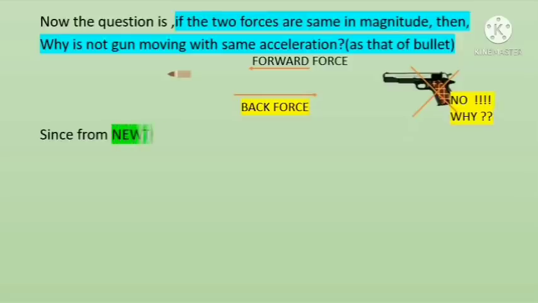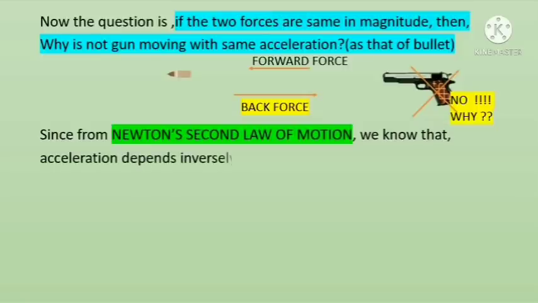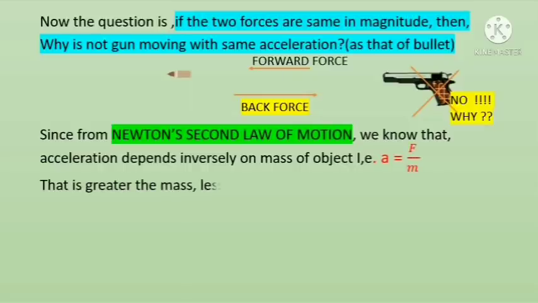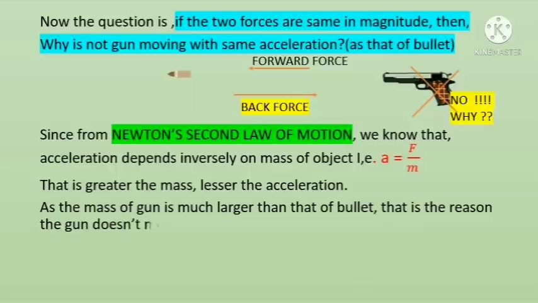Since from Newton's second law of motion, we know that acceleration depends inversely on mass of object. That is, greater the mass, lesser the acceleration. As the mass of gun is much larger than that of a bullet, that is the reason the gun does not move with same acceleration as that of bullet.